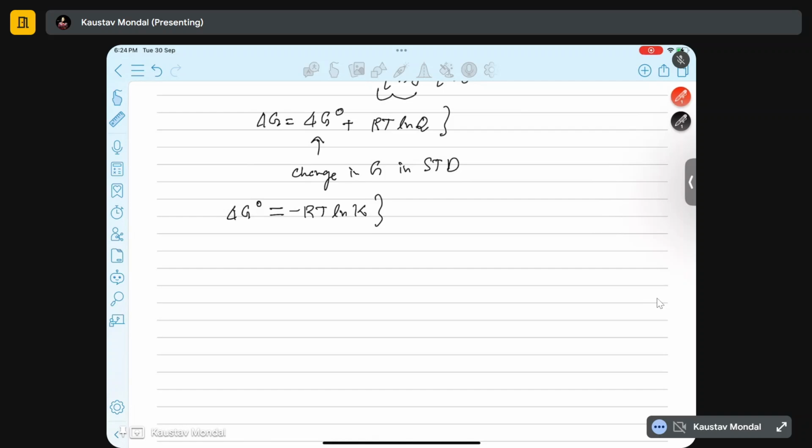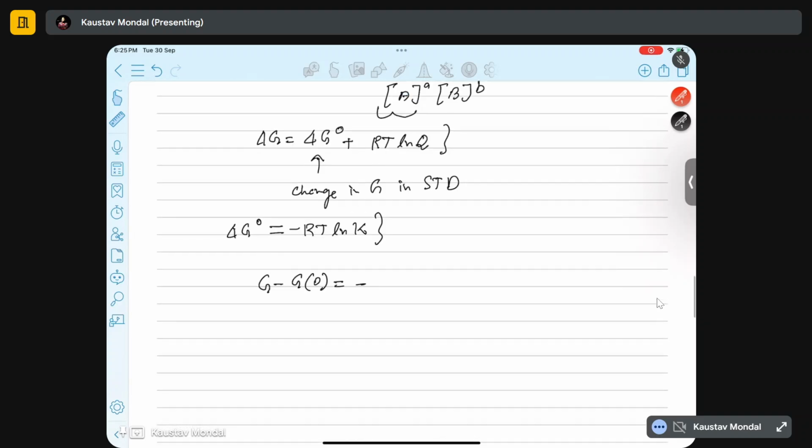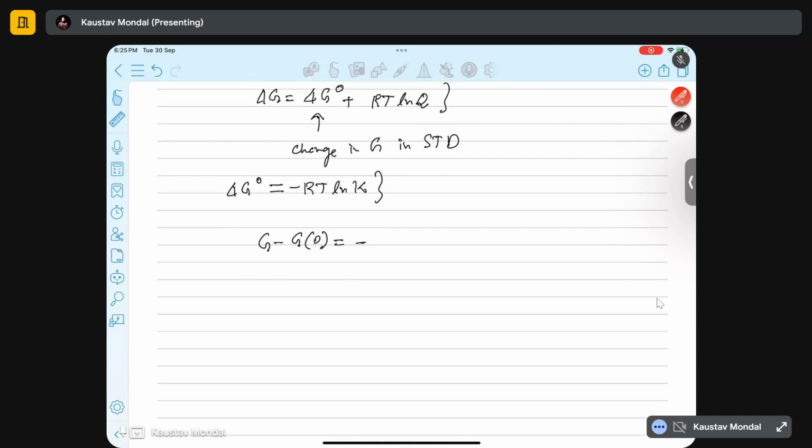Now from here we can write the change in Gibbs free energy, G minus G0, equal to minus nRT ln Q by N. This is the case where we want to convert the total partition function into the molecular partition function.